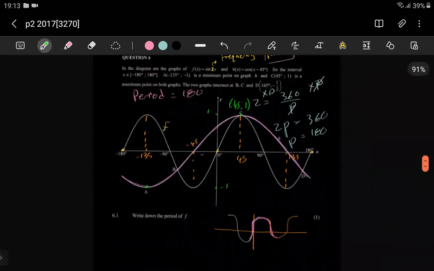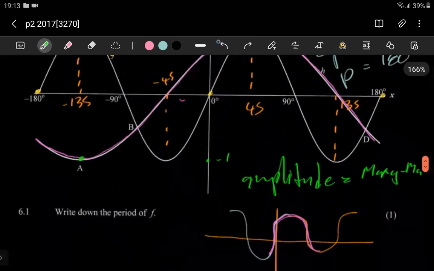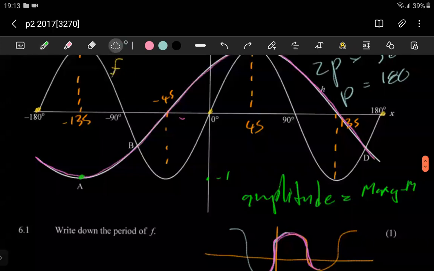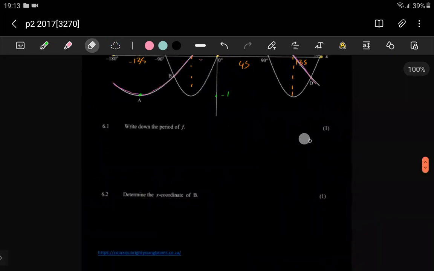Because remember, amplitude is just a formula. Amplitude is equal to the maximum y minus the minimum y. Let me remove this and write it bigger.